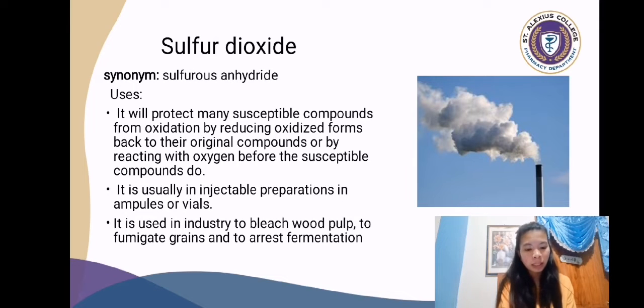It is usually in injectable preparations in ampules or vials. It is used in industry to bleach wood pulp, to fumigate grains, and to arrest fermentation. So, that is sulfur dioxide. Makikita niyo naman natin sa picture, this is the sulfur dioxide. It is a colorless gas with a suffocating odor.